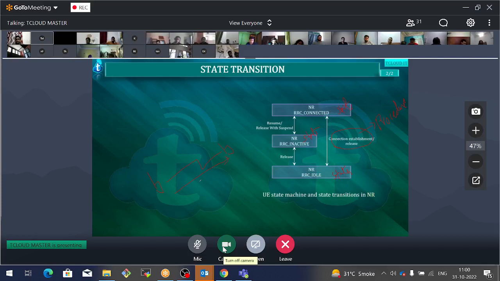After you request the radio connection and it is accepted by the network, you are in connected state. So this particular procedure going on in the middle is an RRC procedure. So you require RRC procedures to make these state changes, moving from one state to the other state.